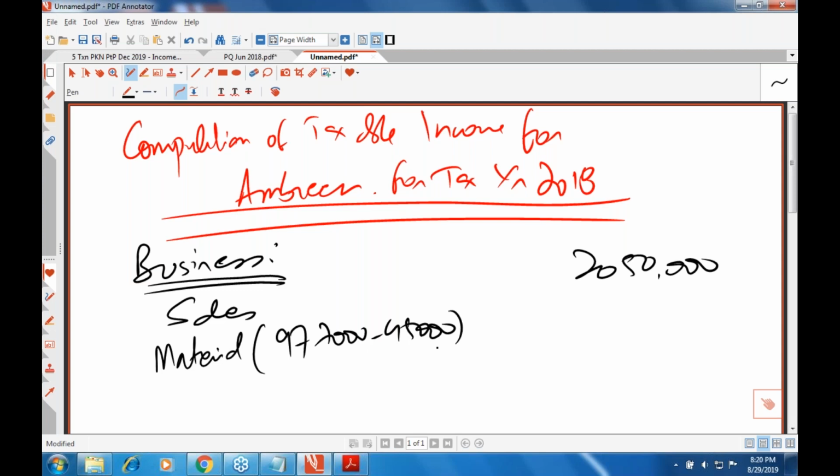Now, what next is there? So this expense of 977 minus 45 gives you 932,000 as an expense which needs to be claimed here.